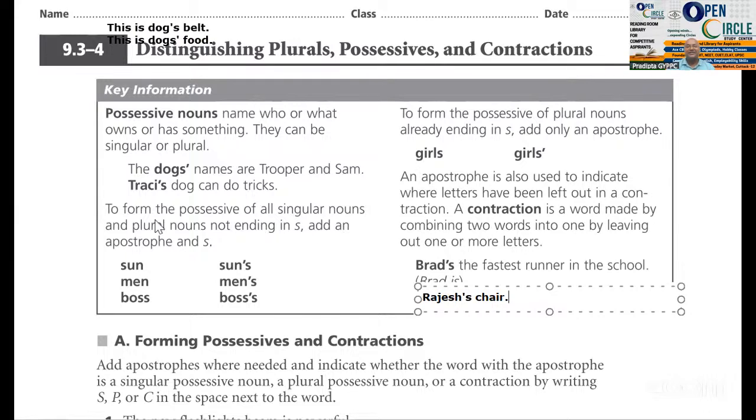You have difficulty in pronouncing that, right? So instead of that, we write it this way: Rajesh' chair. We don't need to say sh two times. So if the words end with S or SH, put the apostrophe after it. Okay? So this is something you need to remember.